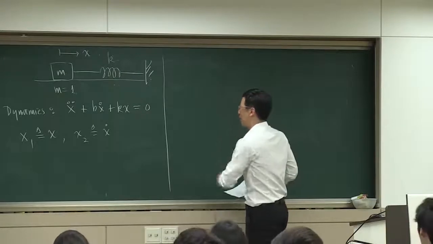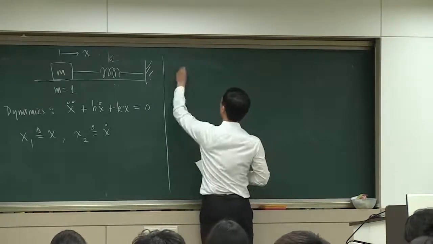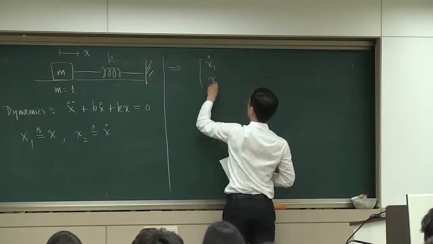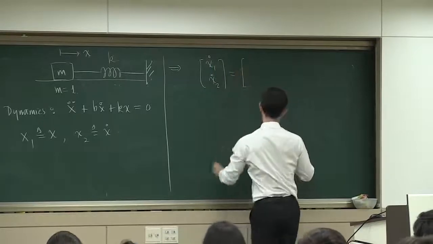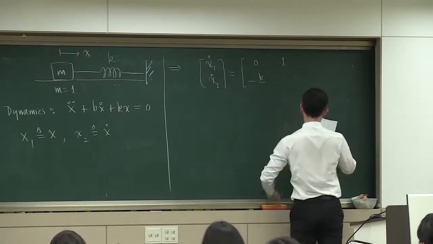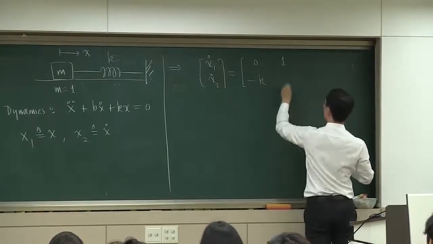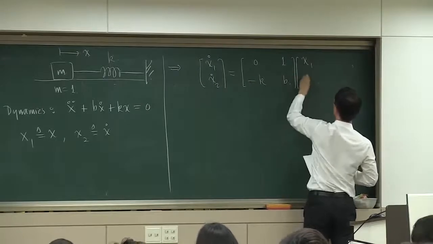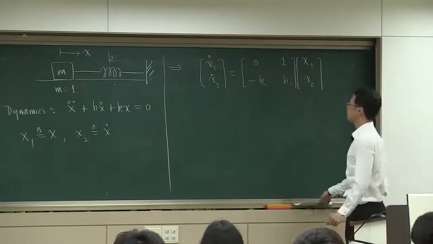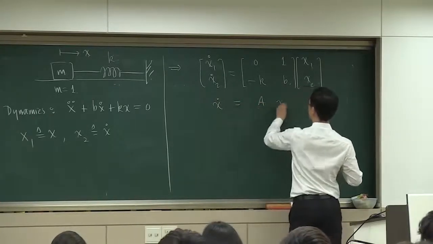So we can rewrite this equation in the form: x1 dot, x2 dot is equal to the matrix 0, 1, minus k over m, but we assume m is 1, so minus k, and minus b, times x1, x2.